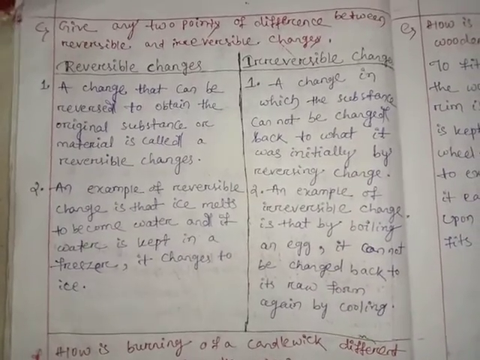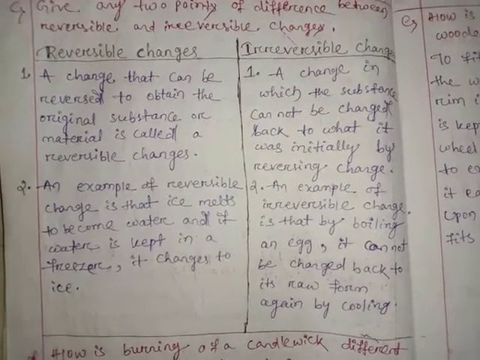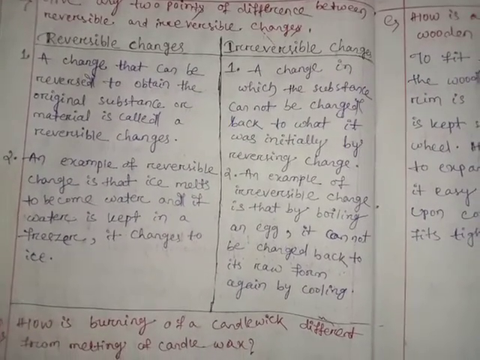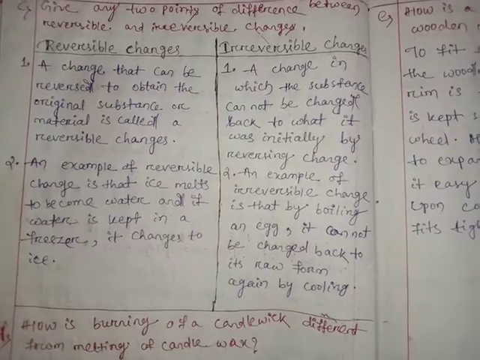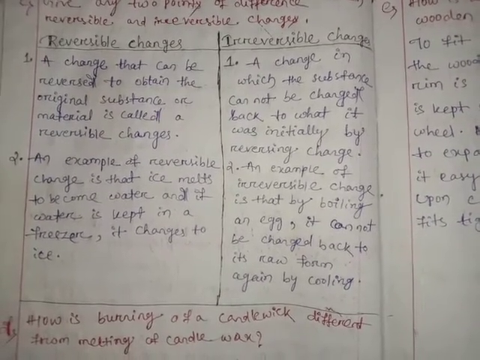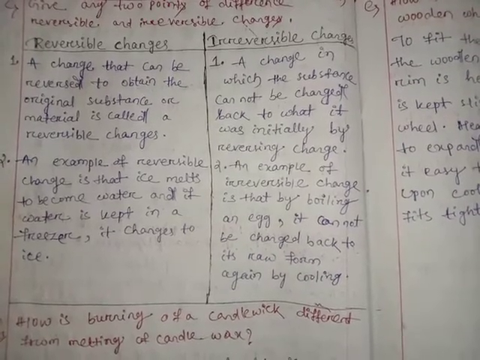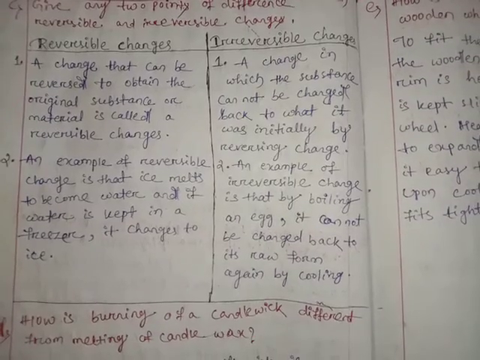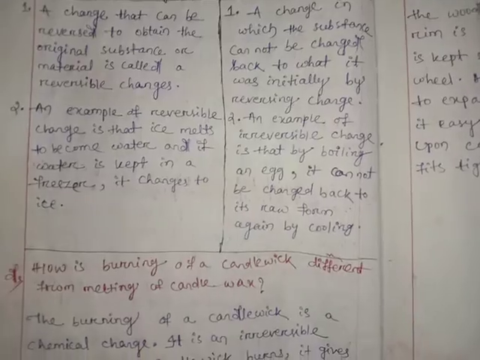Give any 2 points of difference between reversible and irreversible changes. Reversible changes: a change that can be reversed to obtain the original substance or material is called a reversible change, while an irreversible change is a change in which the substance cannot be changed back to what it was initially by reversing the change.